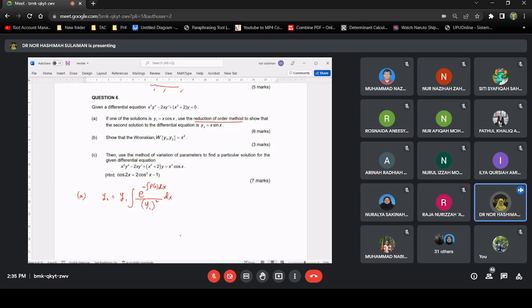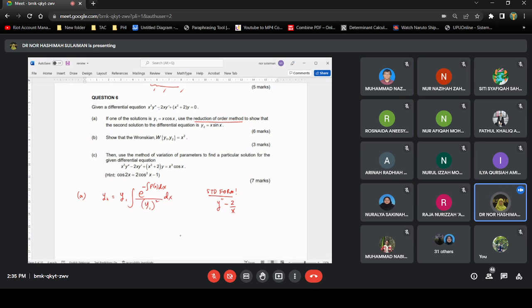Okay, now notice that the equation is not in standard form, isn't it? Okay, this one is a must. The equation must be in standard form. Ni kalau buat juga silap saya tak tahulah, speechless lah kalau buat silap juga ni.